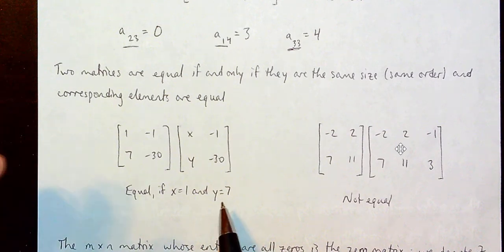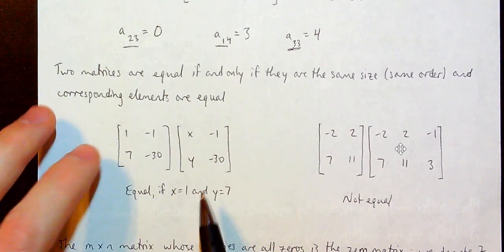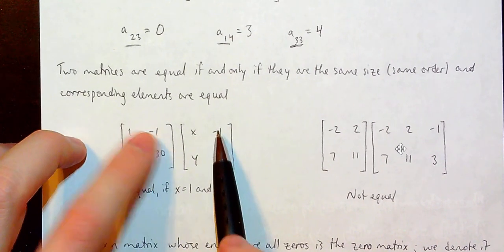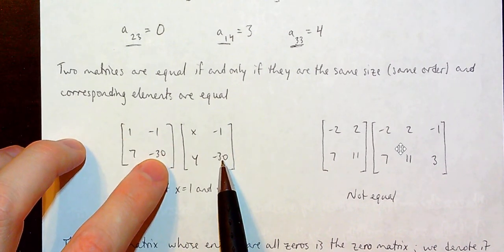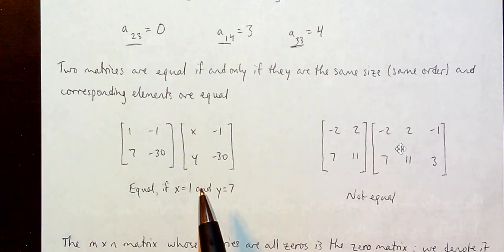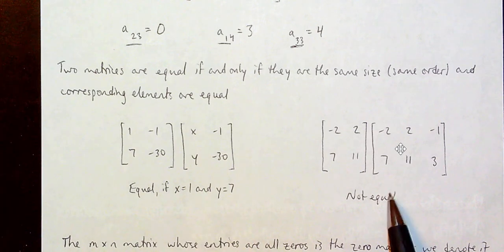So that's the only way that these two matrices would be equal. Corresponding elements of the matrices are equal. And again, the matrices have to be the same size. They have to have the same number of rows and the same number of columns.